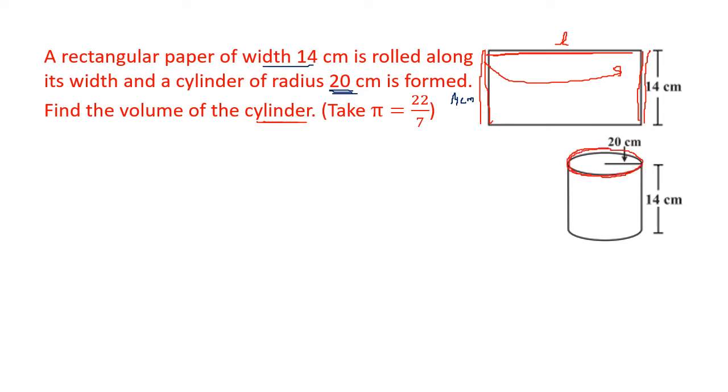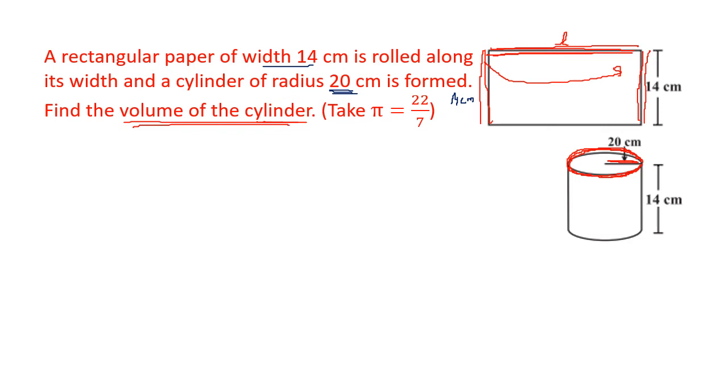The red color thing is the length. But here it was in a straight line. When rolled over, it became a curve. So we do not know what the curve is. But when rolled over, we formed a circle whose radius became 20. And we have to find out the volume of the cylinder.